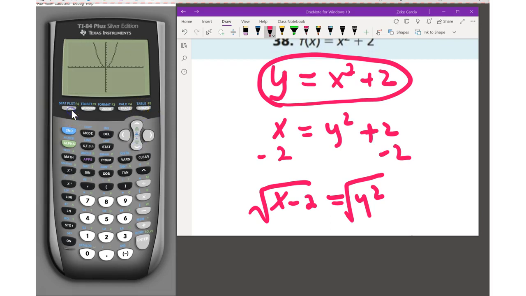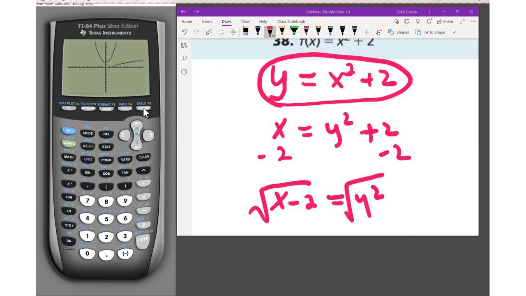What I'm going to do is go back and add 2. So I'm going to graph it. Now I'm going to go ahead and graph the inverse, square root of x minus 2.